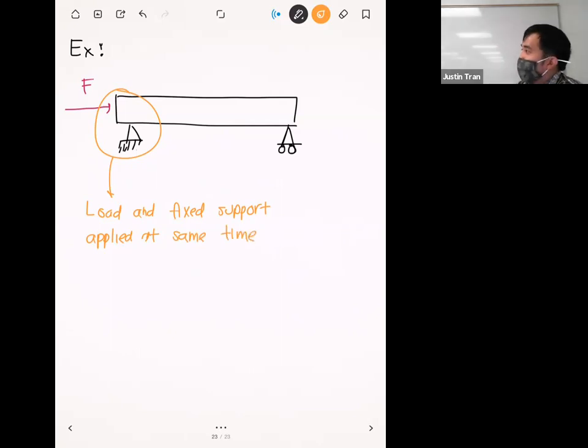But when you do this, it's almost as if the load is not being applied because there's no way for it to actually deform the structure, because it's just hitting up against that constraint.